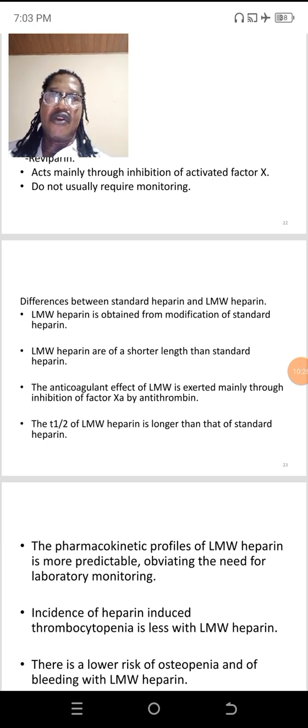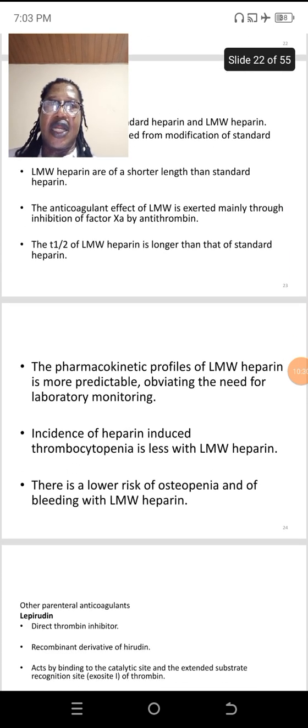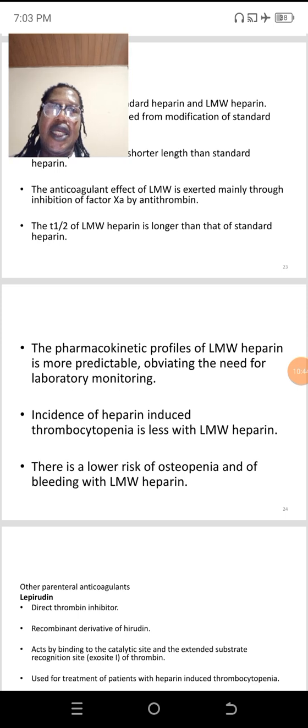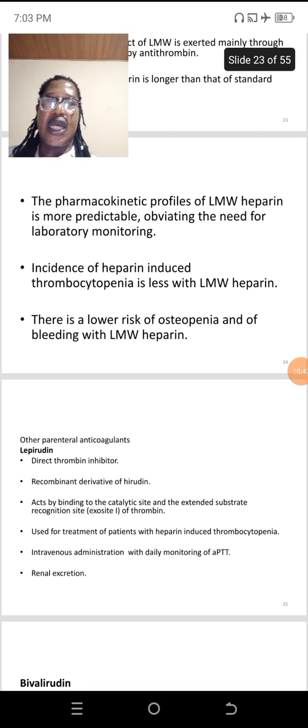The half-life of low molecular weight heparin is longer than that of heparin. Apart from that, the pharmacokinetic profile of low molecular weight heparin is more predictable. Therefore, there's no need for laboratory monitoring. The incidence of osteopenia and of heparin-induced thrombocytopenia is less with low molecular weight heparins.